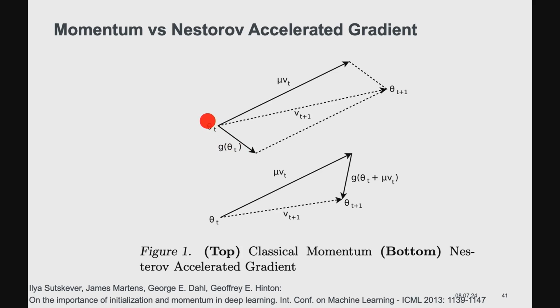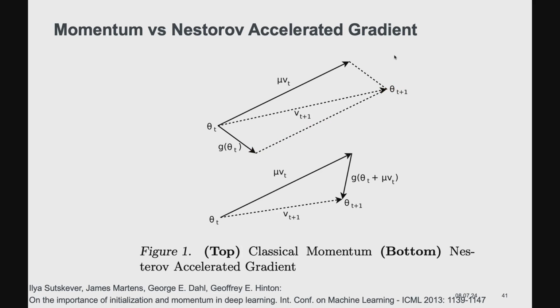And you also look at the speed. And the speed points to another direction. And so the new parameter configuration is the old parameter configuration plus gradient or minus gradient plus this momentum.